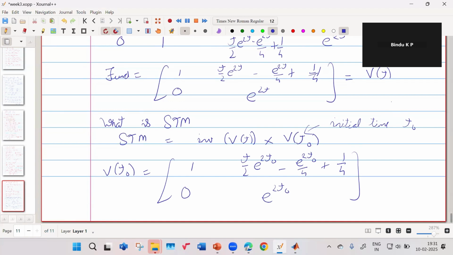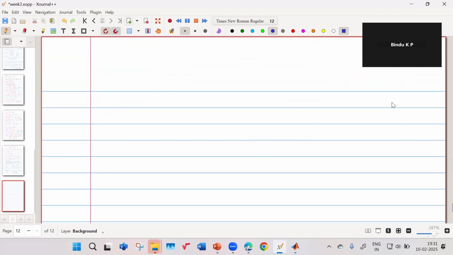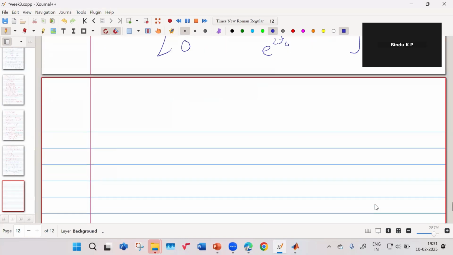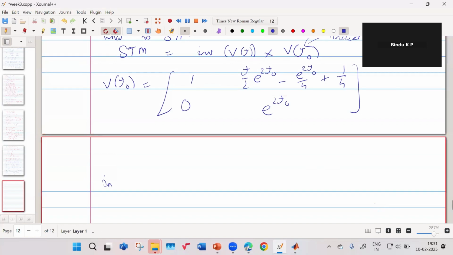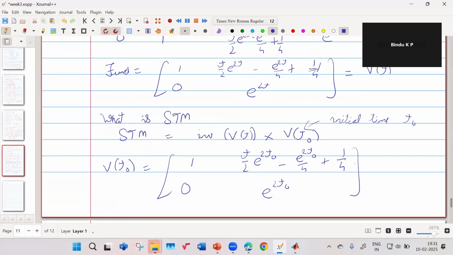Now we have to solve this. How do we solve it? First I want to find the inverse of v of t. So this is my v of t.